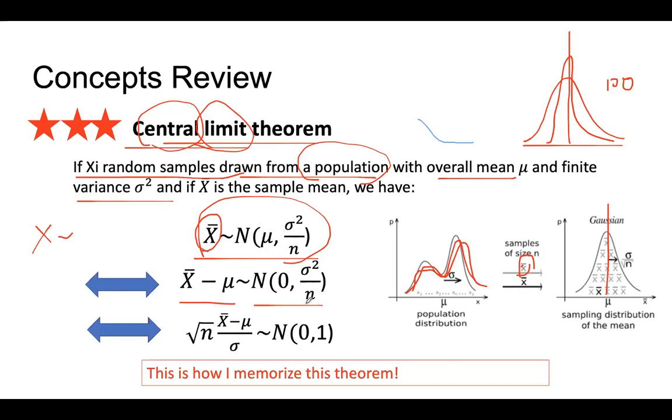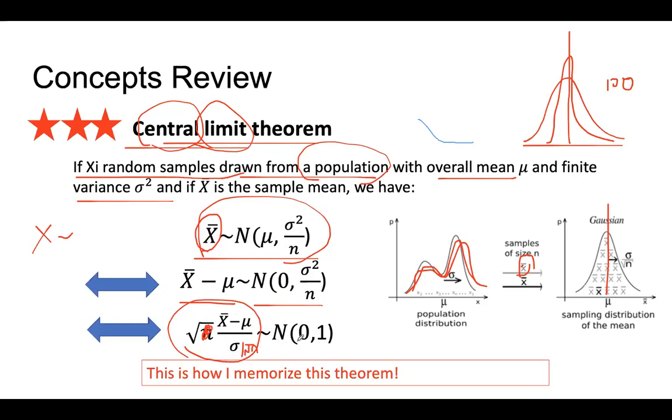And if you also divide it by sigma divided by square root of n, this is what we call the standard error.